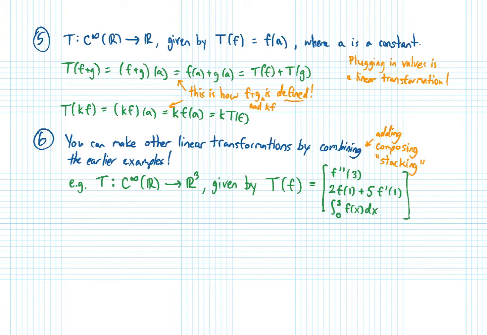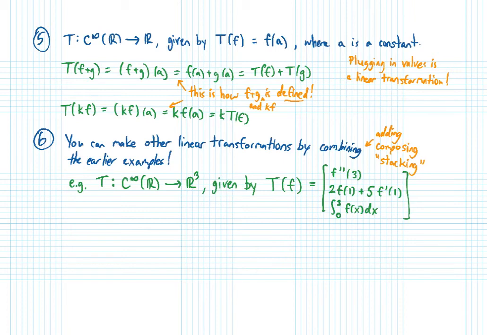And so here's an example that incorporates all of these components simultaneously. It's a transformation that takes functions as input and produces vectors in R3 as output. And if you look at the components of this vector, each component is built out of the examples that we talked about earlier. So the first component is a second derivative. So that involves taking the derivative twice, which is a composition, and then plugging in 3 for x.